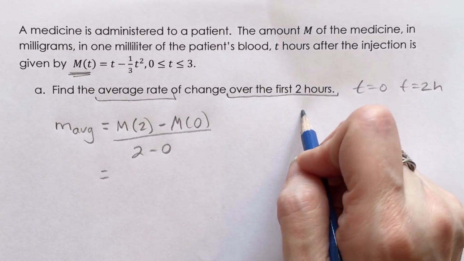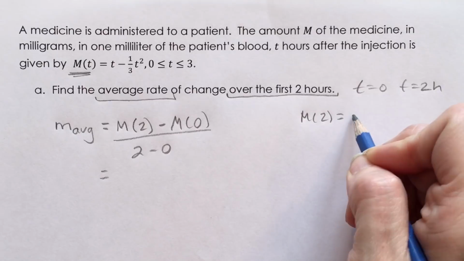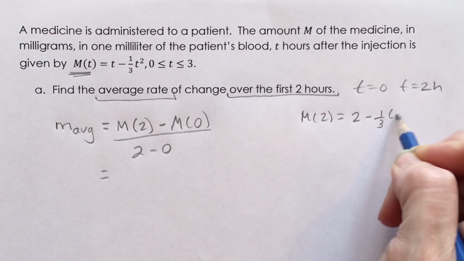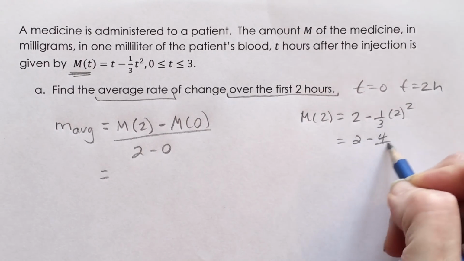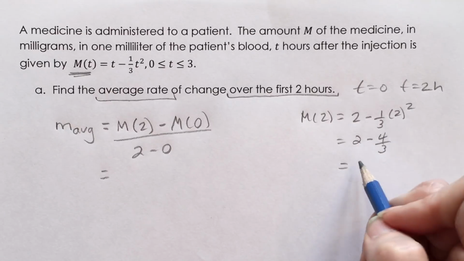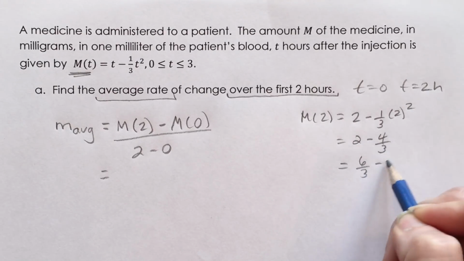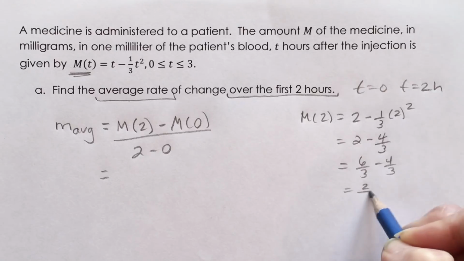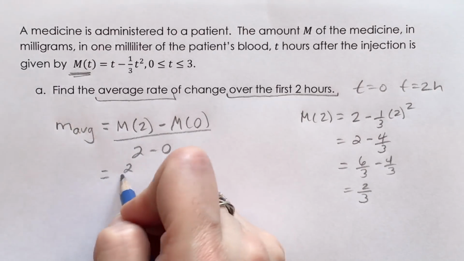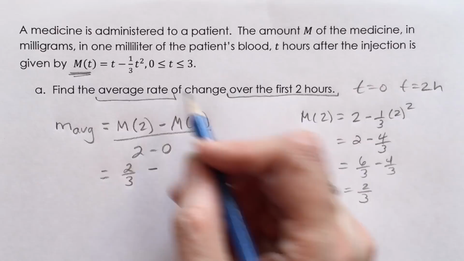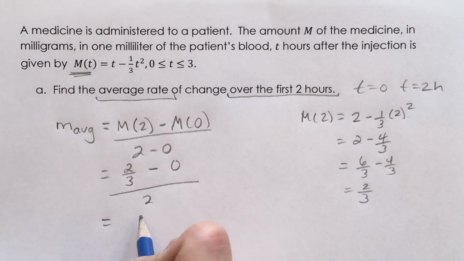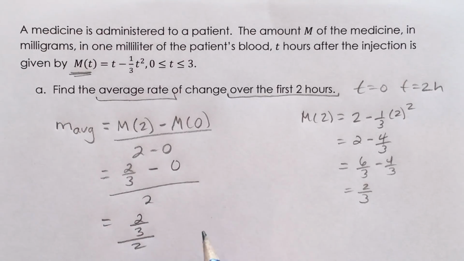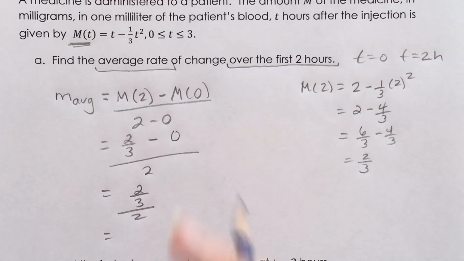So M at 2 is 2 minus 1/3 times 2 squared, which is 2 minus 4/3, which is 6/3 minus 4/3, which is 2/3. M at 0, they both involve t, so it's just going to be 0. So it's going to be 2/3 divided by 2, which is 1/3. And then we want units.